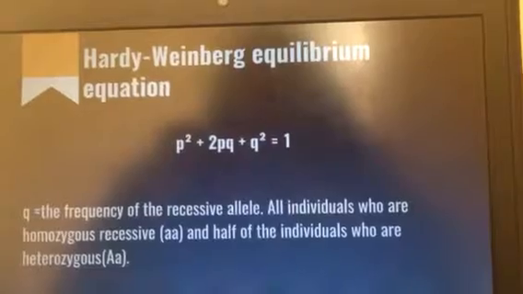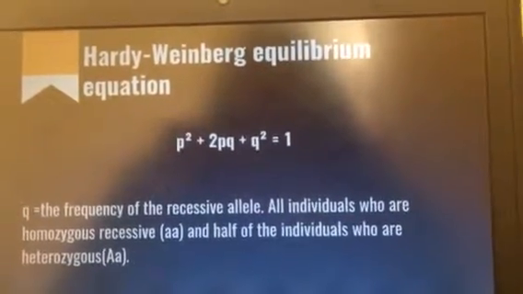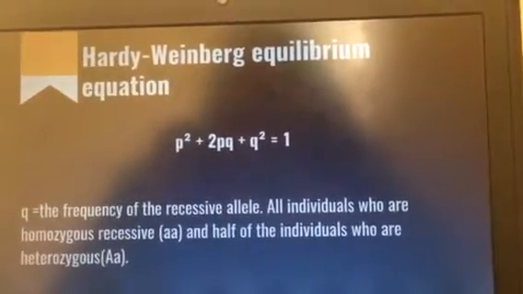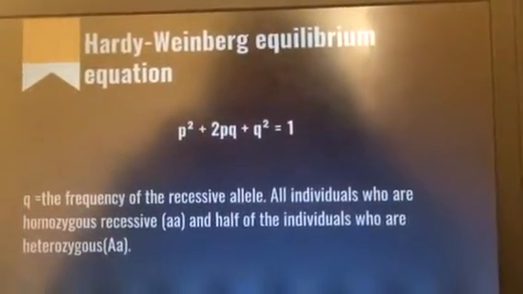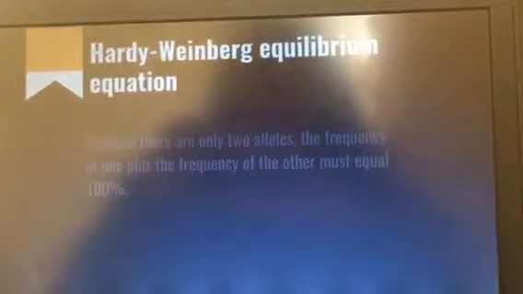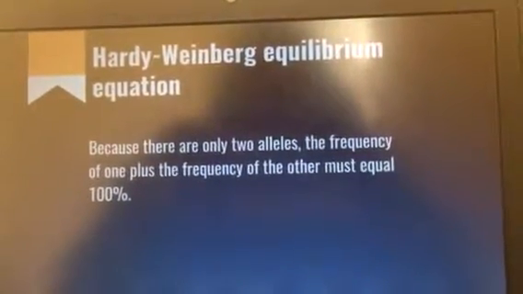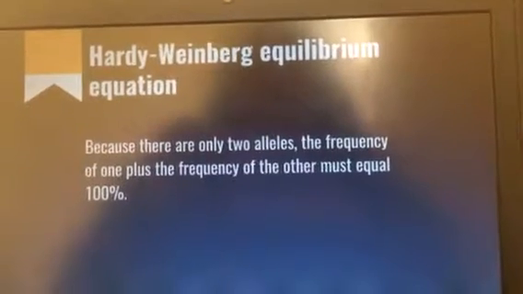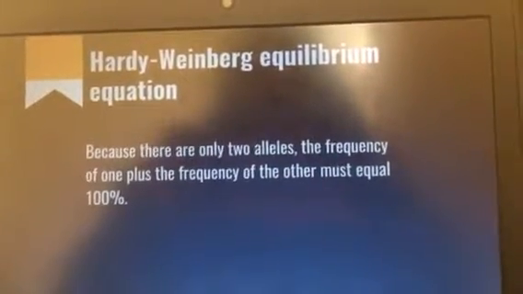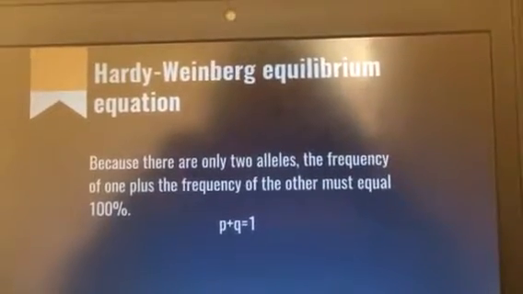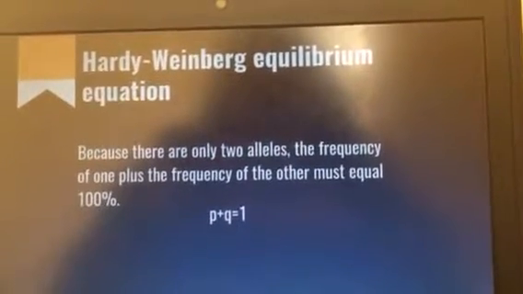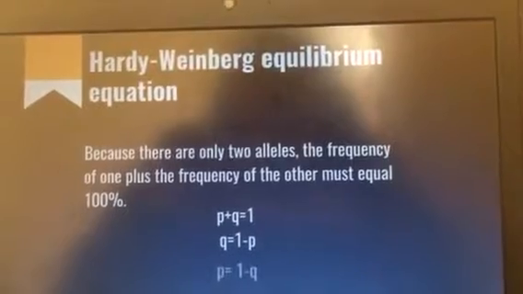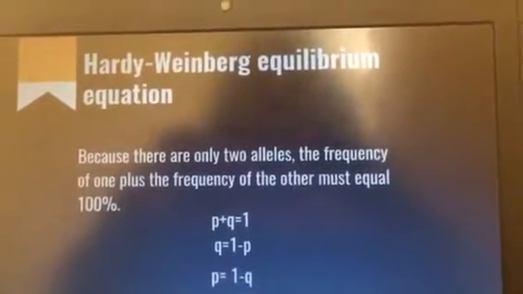It accounts for all of the alleles in individuals who are homozygous recessive, which is little a little a, and half the alleles in individuals who are heterozygous, capital A, little a. Because there are only two alleles, the frequency of one plus the frequency of the other must equal 100%. This means p plus q equals 1, q equals 1 minus p, and p equals 1 minus q.